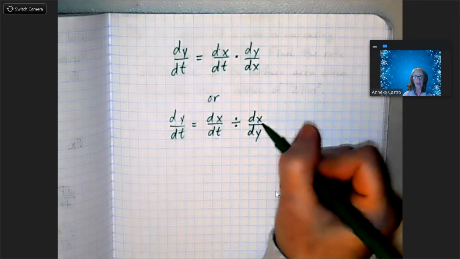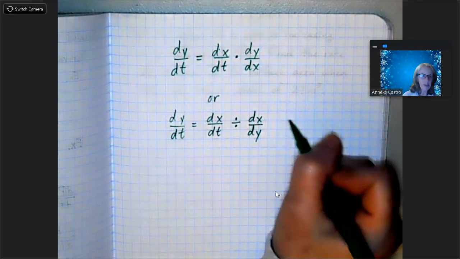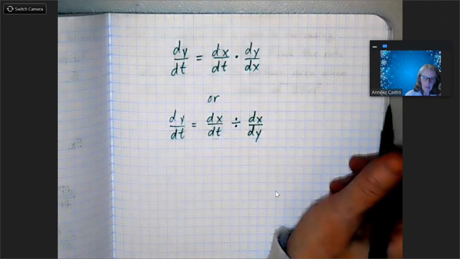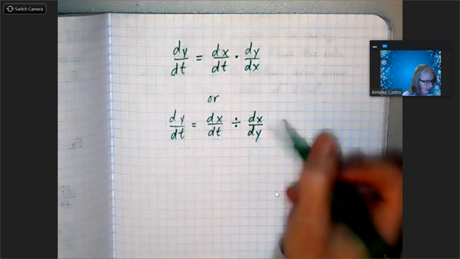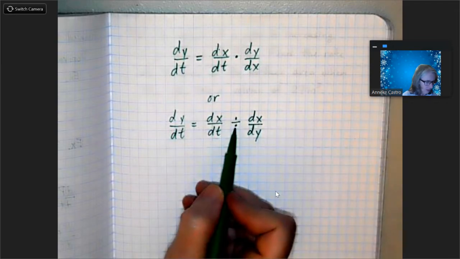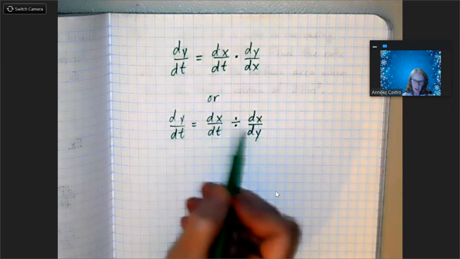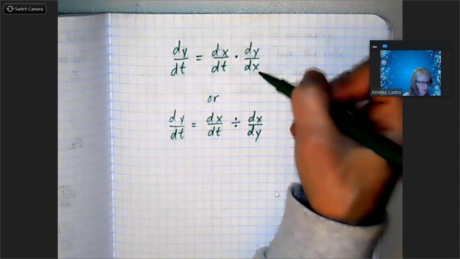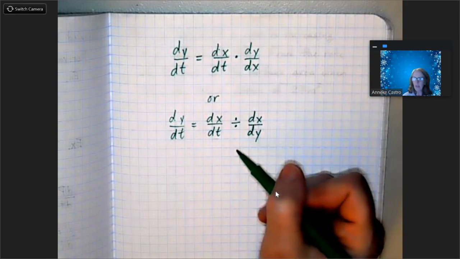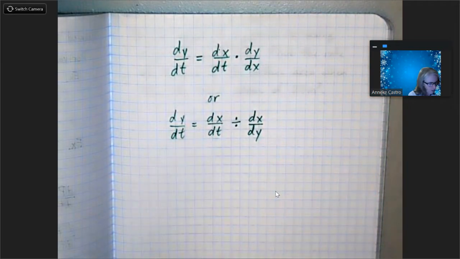Okay, so in case my formula said x equals, and then I had something going on with y, I could take the derivative of that and then just use division. Because when we divide fractions, we change it to multiplying by the reciprocal, which would be this. Okay, so this is what we're going to be working on with our example and with your math space assignment after the notes.